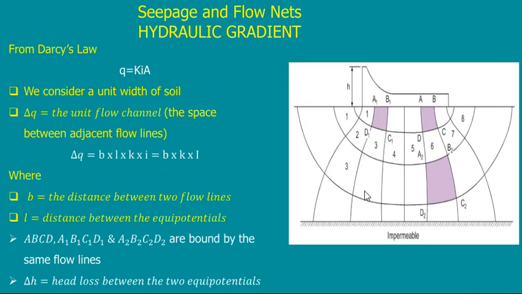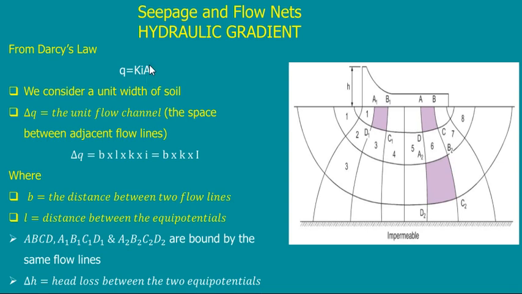By the way, this flow net is based on Darcy's equation, because I will take Darcy's equation. Darcy's equation says Q equals K, which is the coefficient of permeability. Of course, I have the coefficient of permeability. I can take a sample of the soil and test it anyway and get the K of the soil.